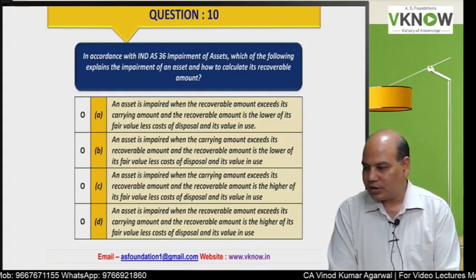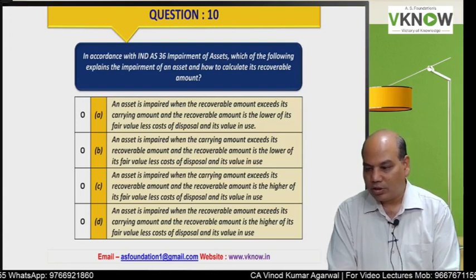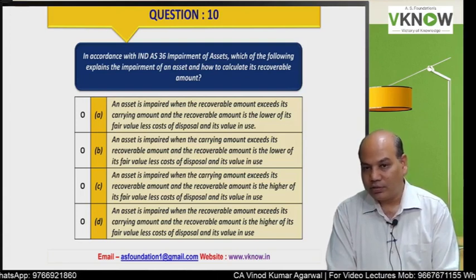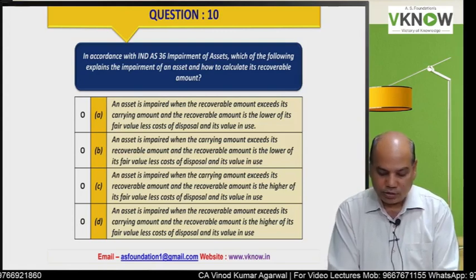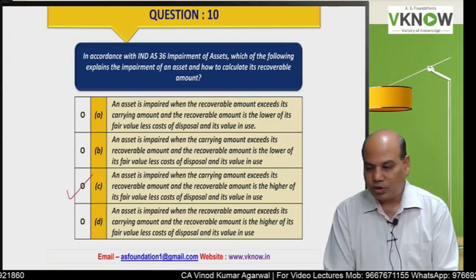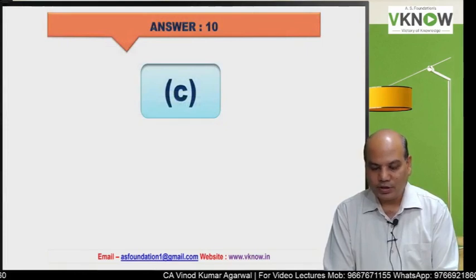All of you are saying C. Okay, the asset is impaired when carrying amount is greater than recoverable amount and recoverable amount is higher of fair value less cost of disposal and its value in use. So you are right, the correct answer was C.